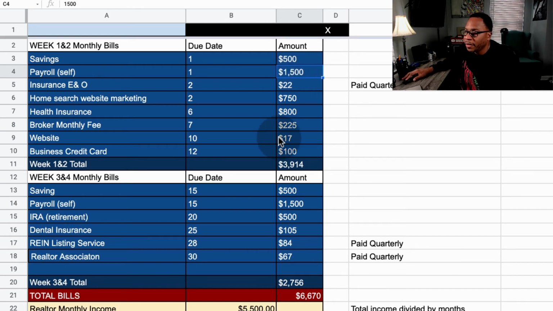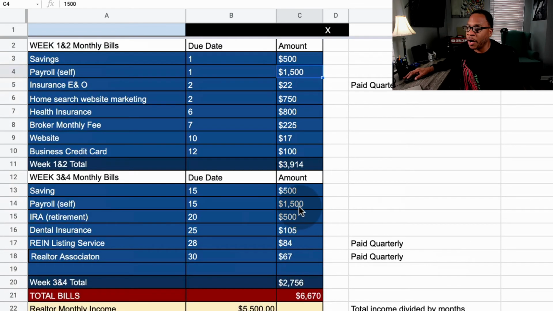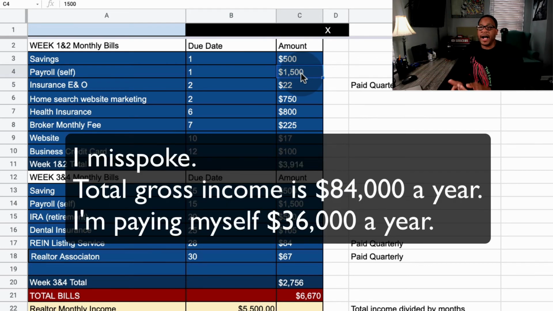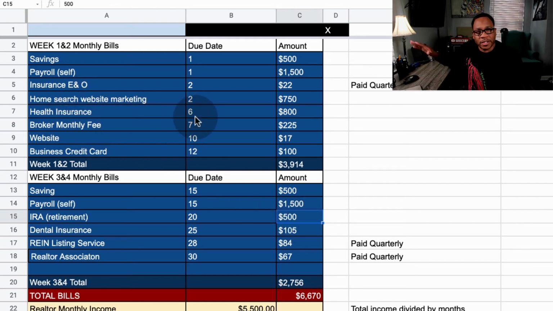So out of the $84,000 a year, I'm technically only paying myself $36,000 a year. But I'm also kind of putting money into savings, so that's paying myself as well, but that's a bill. I'm also putting money into my IRA. That's a bill. Plus, you can live through your business, and we'll talk about that another time.